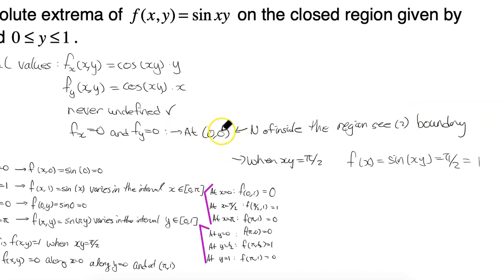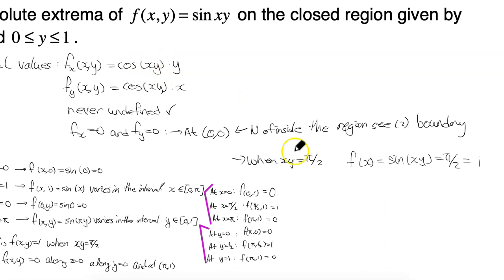But this is the first possible solution. The other possible solution, if this equals 0 and that equals 0, is that cosine of xy equals 0, right? That would also lead to these two first derivatives being 0. Therefore, this happens when x times y equals pi over 2. If this is pi over 2, fx of xy will be 0.